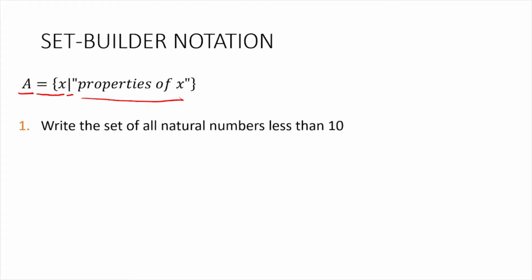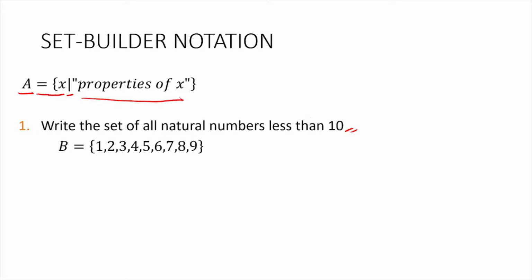Using the roster method, which is listing all of the members or elements of the set being described, let's call this set B. Set B contains the numbers 1, 2, 3, 4, 5, 6, 7, 8, and then we stop at 9 because it says here natural numbers less than 10.